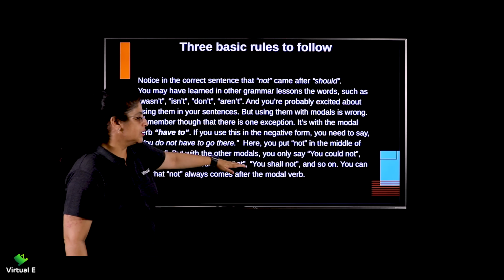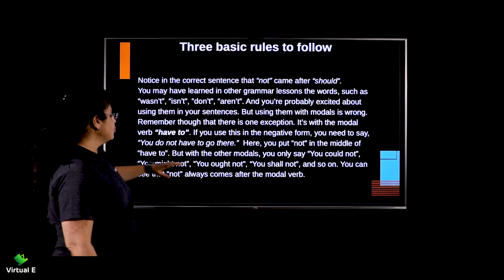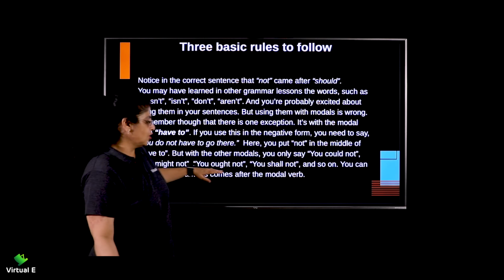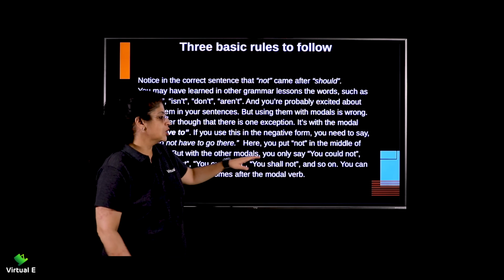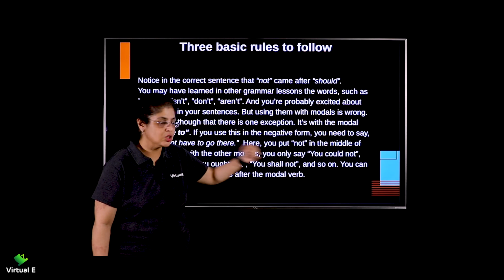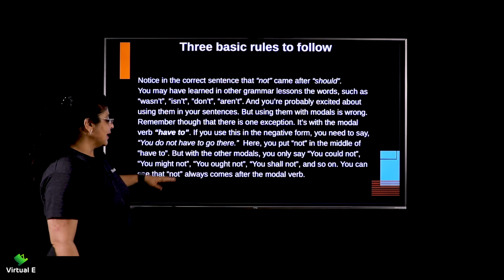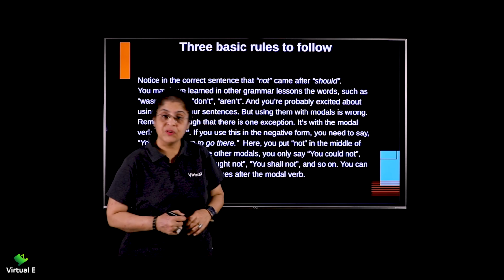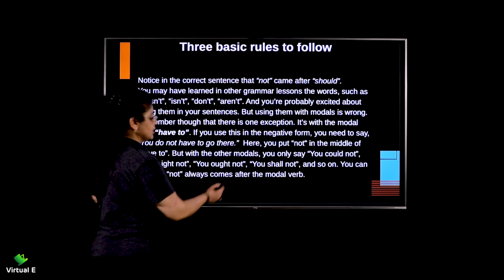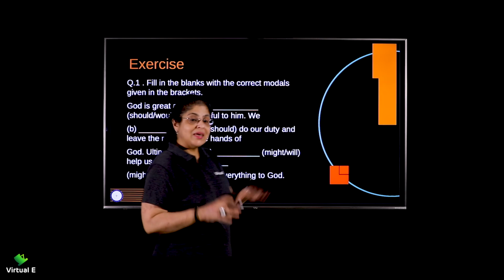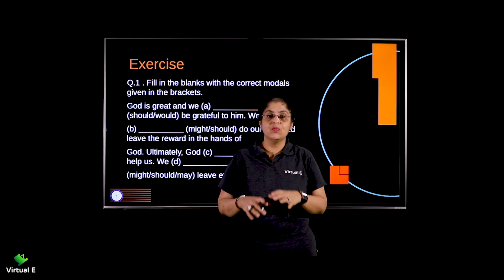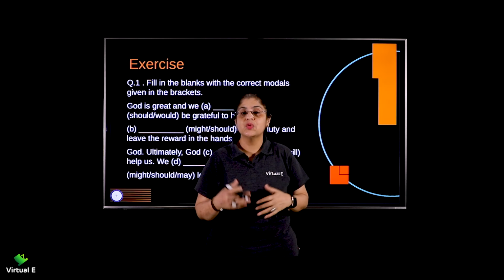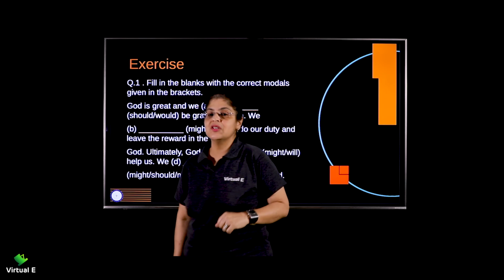But with other modals, you only say you could not, you might not, you ought not, you shall not, and so on. You can see that not always comes after the modal verb. We already saw quite a few examples. I'm sure you must have got this point absolutely clear by now. Now, we came across, we understood, we went to the depth how each one is used. Let's give it a try here.